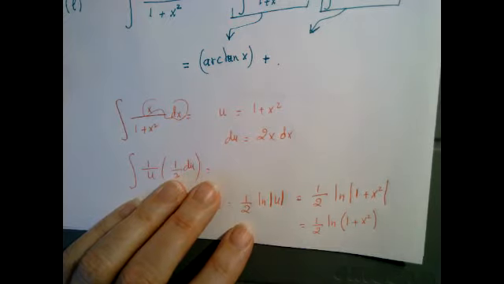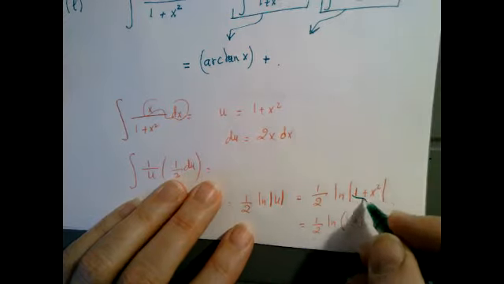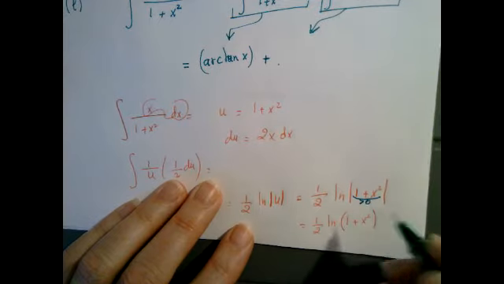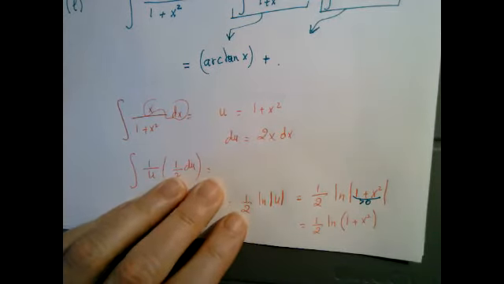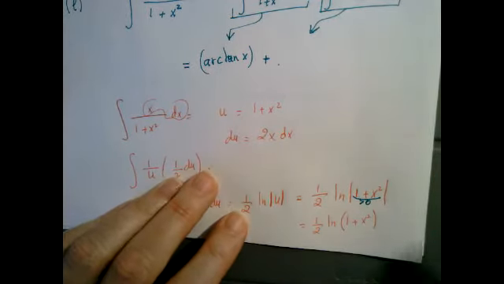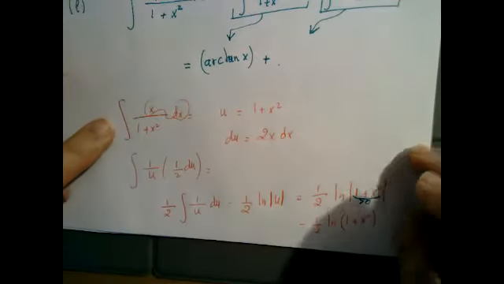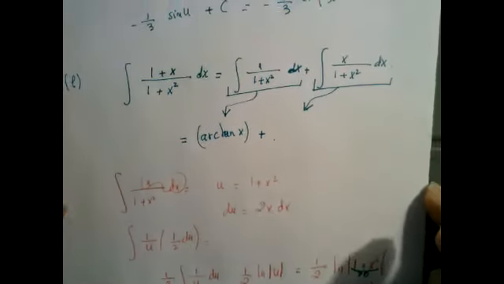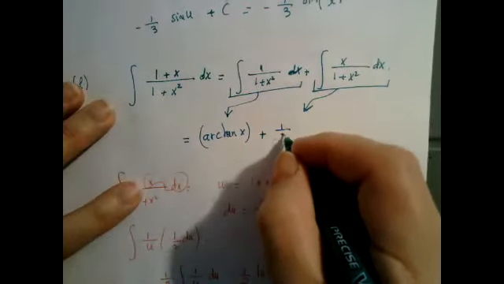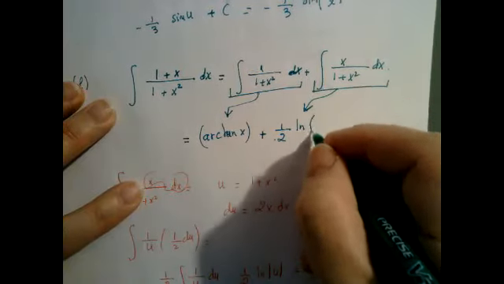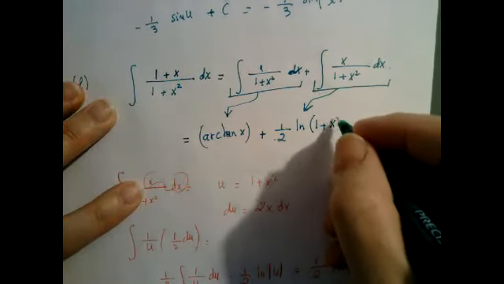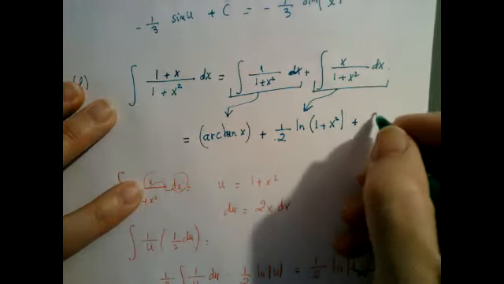Yes, because why yes? Because 1 plus x squared is always positive. So you actually really don't need it. No matter what the x value is, it's always positive. So we basically, thanks Julian, we have to take it positive. So finally, I will have a half ln of 1 plus x squared plus my constant c.